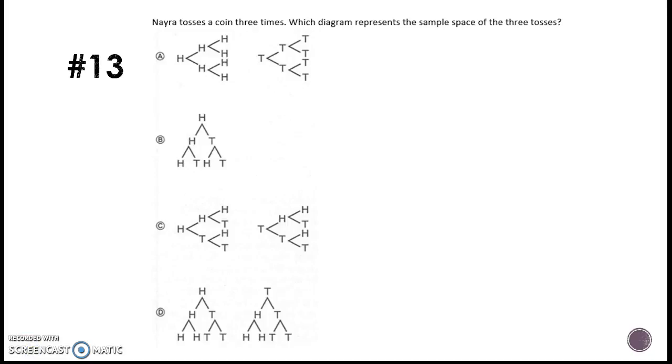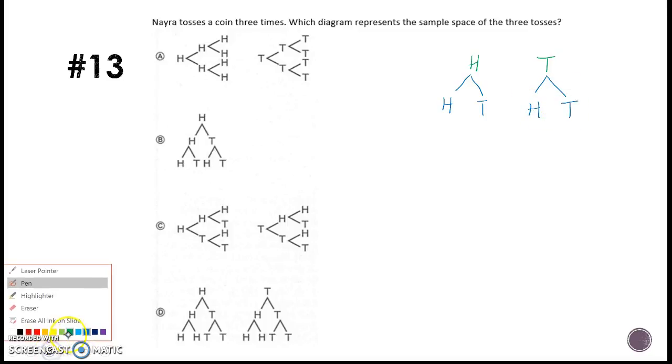Okay, on this one, Naira tosses a coin 3 times. Which diagram represents the sample space of 3 coin tosses? All right, so first time she tosses it, she can either get heads or tails. Second time, she could get either heads or tails.